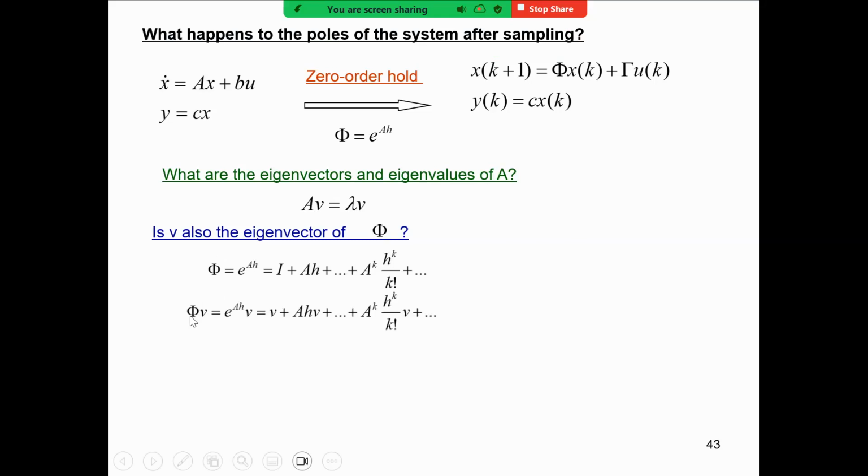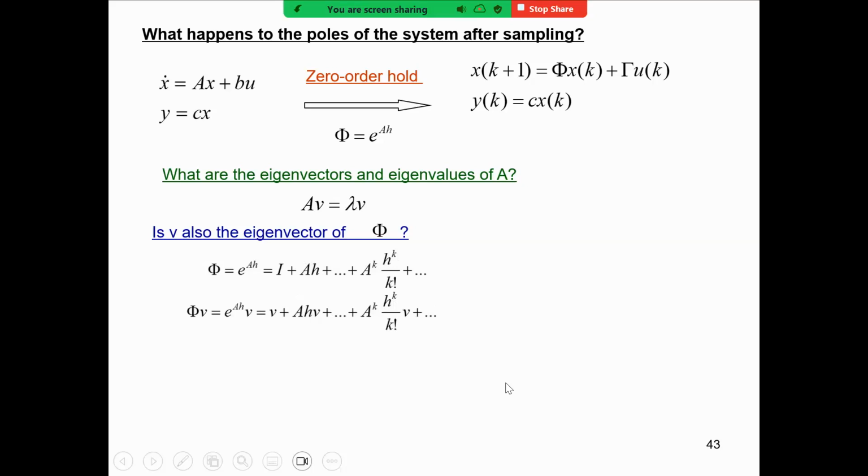So let's do that: phi times V. By the definition, we multiply V to this whole series, we get V. The second term is AH times V. This one is A to the power of K, H^K over K factorial, times V, and so on up to infinity.